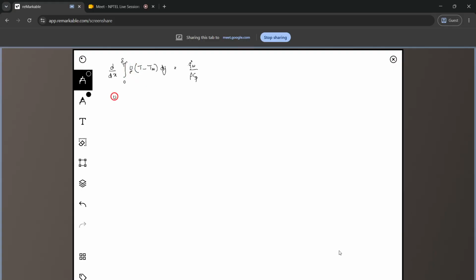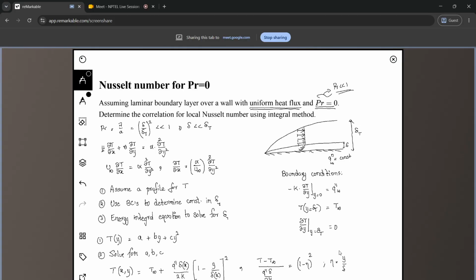So then we'll have u infinite times d dx of integral 0 to delta T of T minus T infinite. I think that was a mistake even in the previous one. So this will be delta T everywhere.